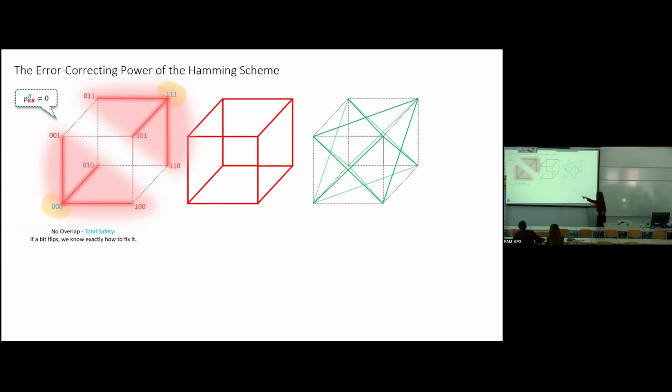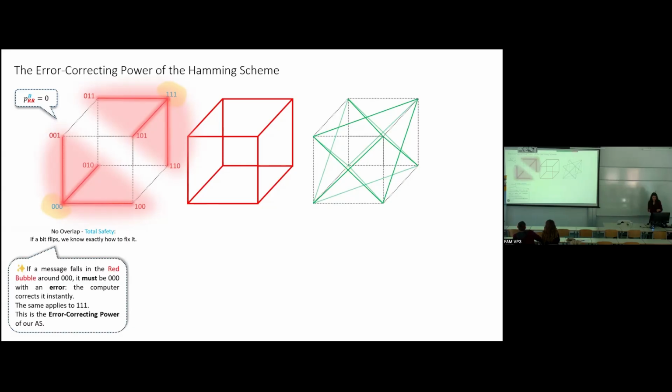If a bit flips, we know exactly how to fix it. If a message falls within one of these bubbles, say around 0, 0, 0, the computer knows exactly how to correct it. If we end up with 0, 0, 1, this must come from 0, 0, 0.